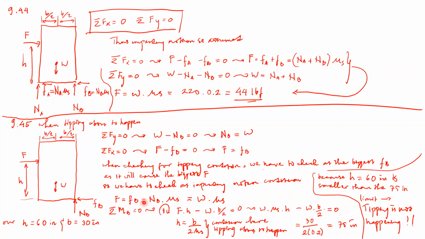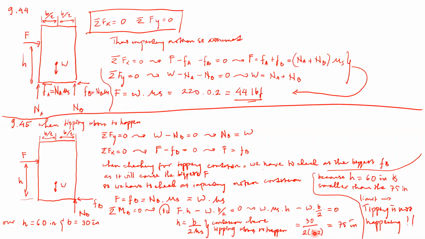Because sigma moment at P here is based on this particular free body diagram. And this particular free body diagram is the limit condition of the tipping over, right? So the result is H equal to 75 inches, which means that H equal to 75 inches is our limit of tipping over. If the actual H value is bigger than that, tipping over is happening.